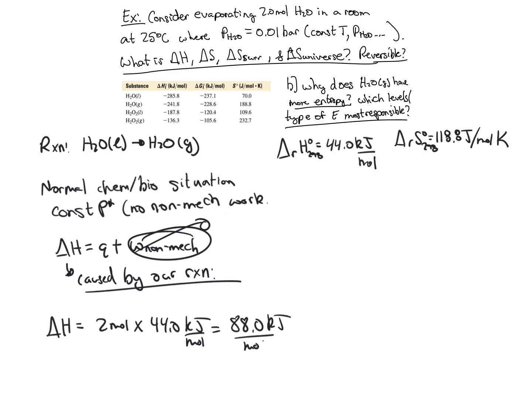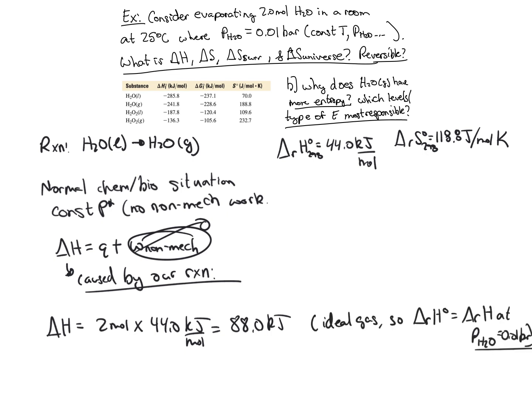That's because, remember, this here is per mole of reaction. Since the coefficients here are each 1, if I have 2 moles of water, I need to do 2 times that 44 to double the amount of moles of water that are going to be consumed, and therefore get 88, with no moles anymore because the moles just canceled out.